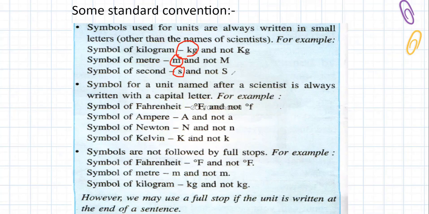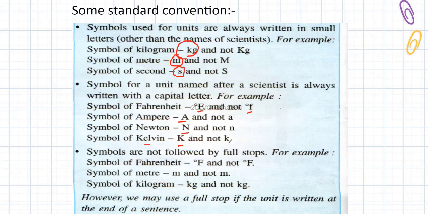Symbols of units which are named after scientists are always written with a capital letter. Fahrenheit, we write it as capital F, not small f. Ampere, we write it as capital A, not small a. Newton, we write it as capital N, not small n. Kelvin, we write it as capital K, not small k.